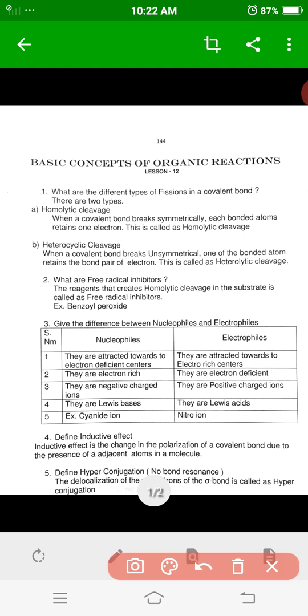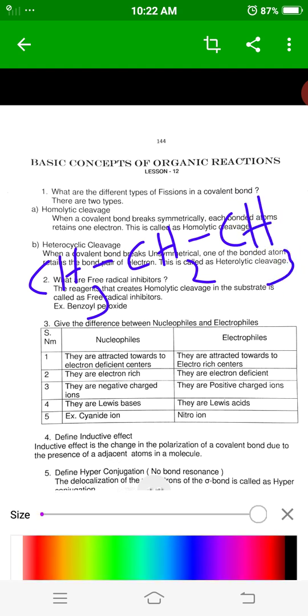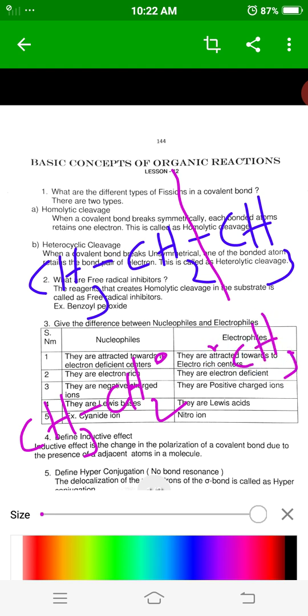In heterolytic cleavage, the covalent bond breaks down unsymmetrically. Example, propane: CH3, CH2, CH3. The bond between the first carbon atom breaks down, giving an ethyl group, CH3 bond CH2, with a free radical electron, and another CH3 radical.